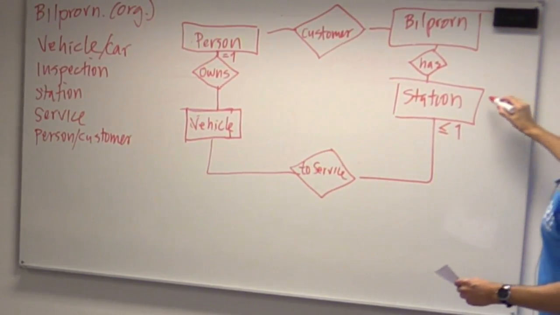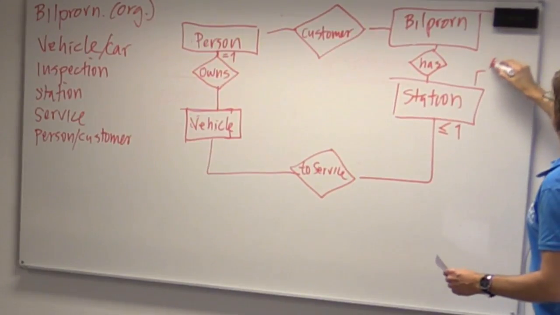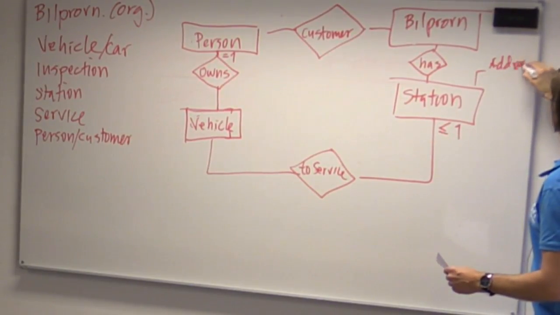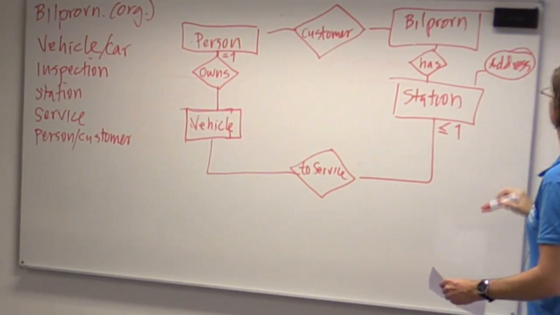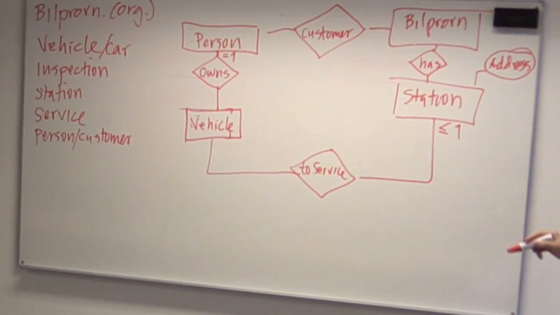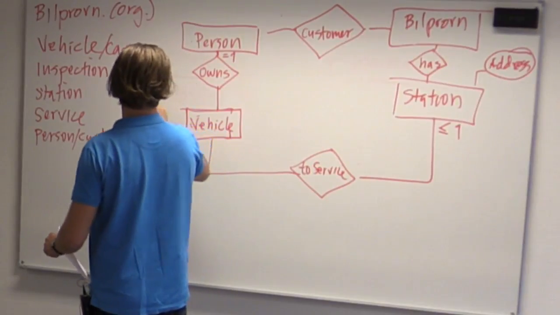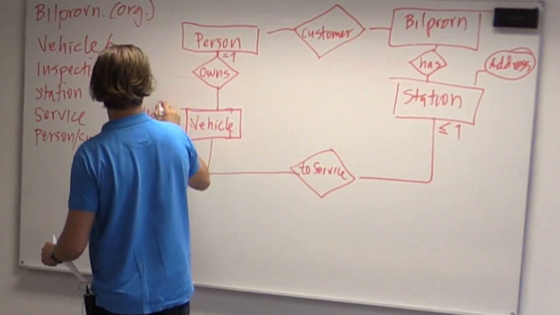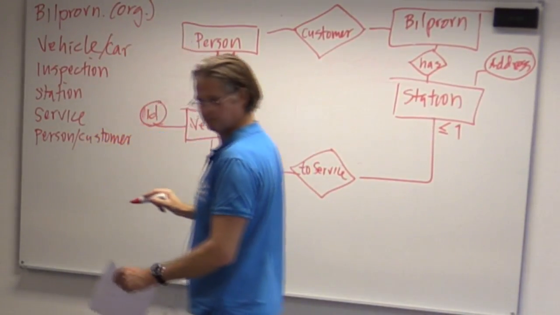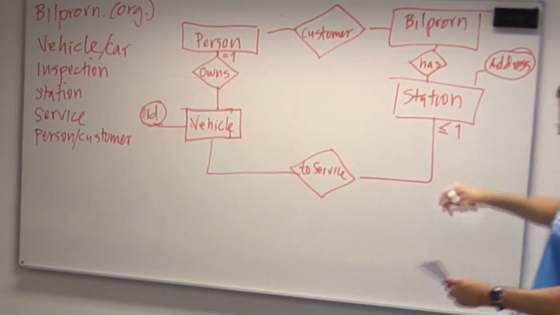That station probably has an address. Just for adding a few things here, and the vehicle has an ID. Damn it. Sorry, you are not allowed to swear. The service thing here, okay.